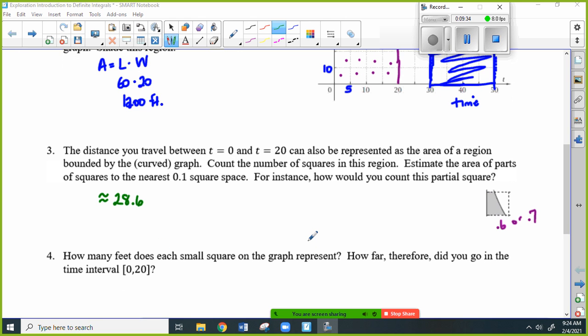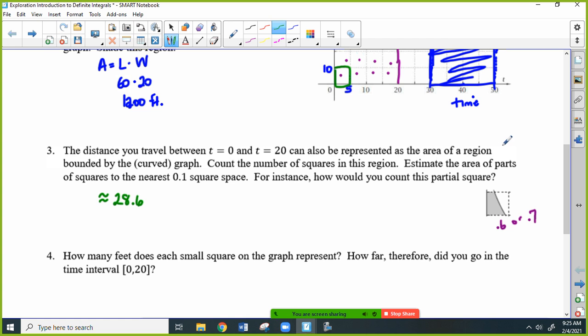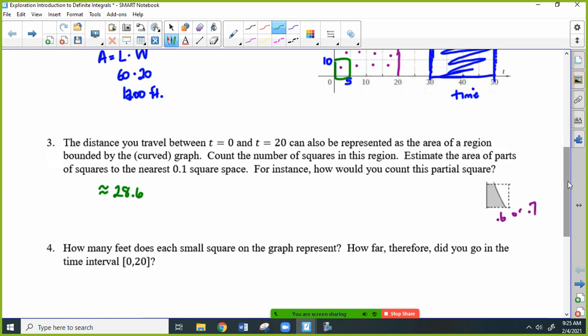So how many feet does one block represent? How many feet is one block?